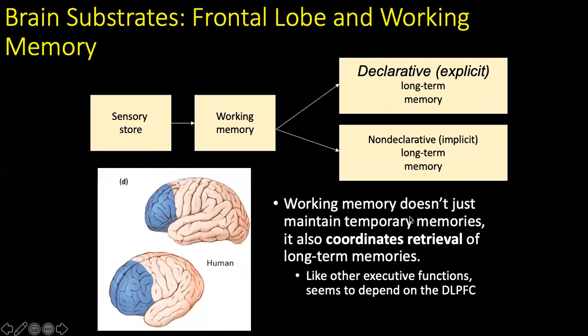But working memory isn't just about new incoming information. I've kind of hinted at this before, right? But it's also about pulling back up information that we've already learned to use in the moment, right? So just like other executive functions, that part depends on dorsolateral prefrontal cortex as well. That is, prefrontal cortex will be involved in pulling up old information that we want to use.